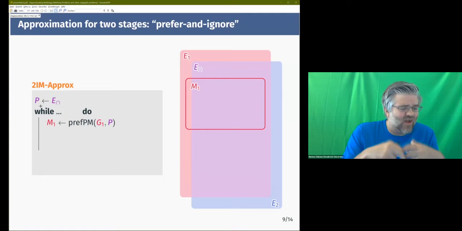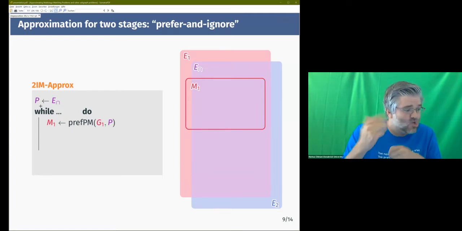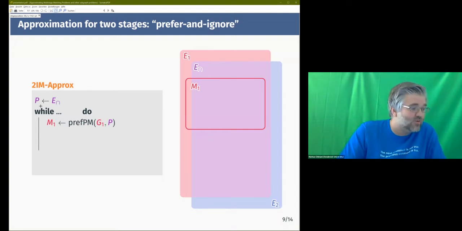And then we do a very, very simple idea, which in the first step would not yield any approximation guarantee. You just try to find a matching in the first stage which uses as many edges of the common edges as possible. Very naive to do that thing. That's just what you would normally do if you hear about the problem the first time.